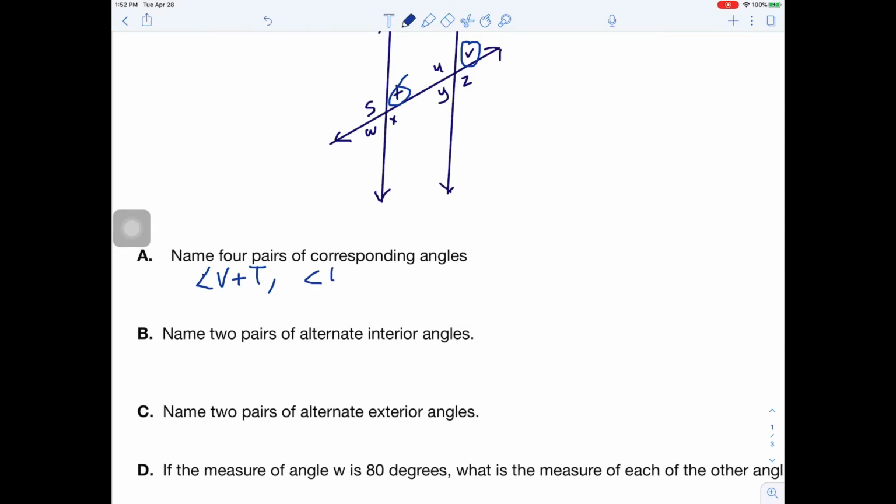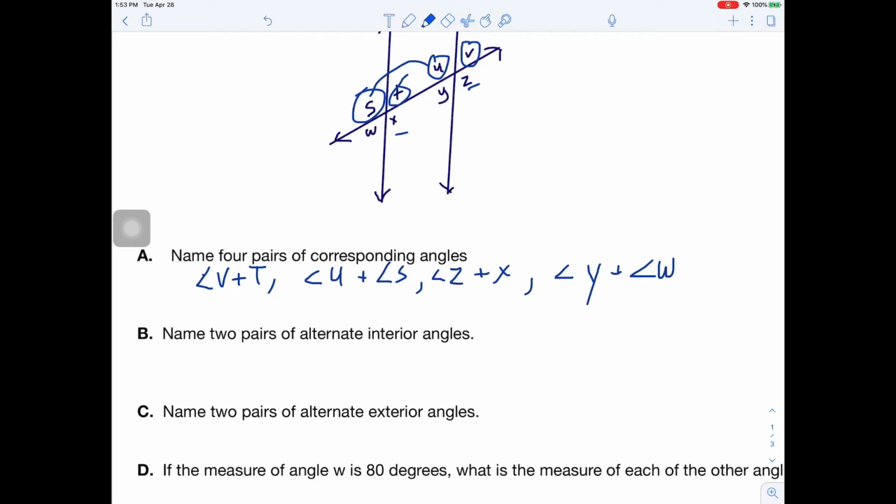And we have angle U over here, and its corresponding angle S. We also have angle Z and angle X, and angle Y and angle W.